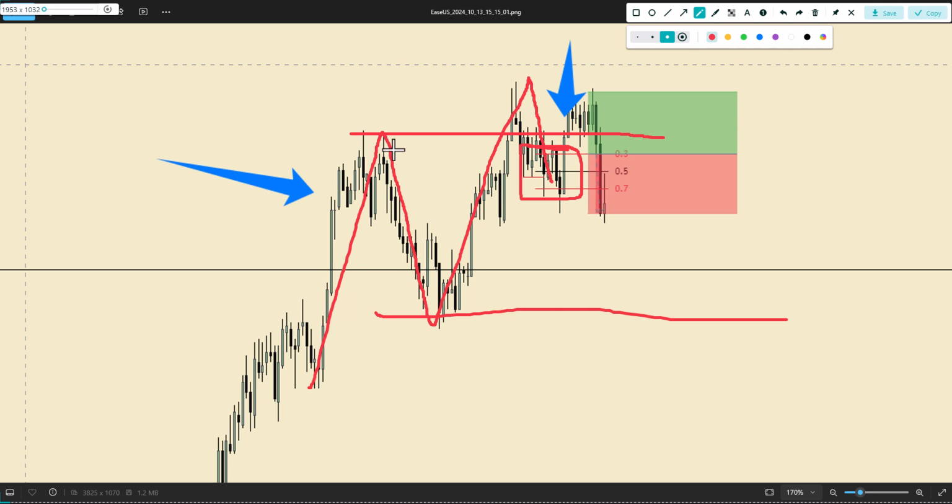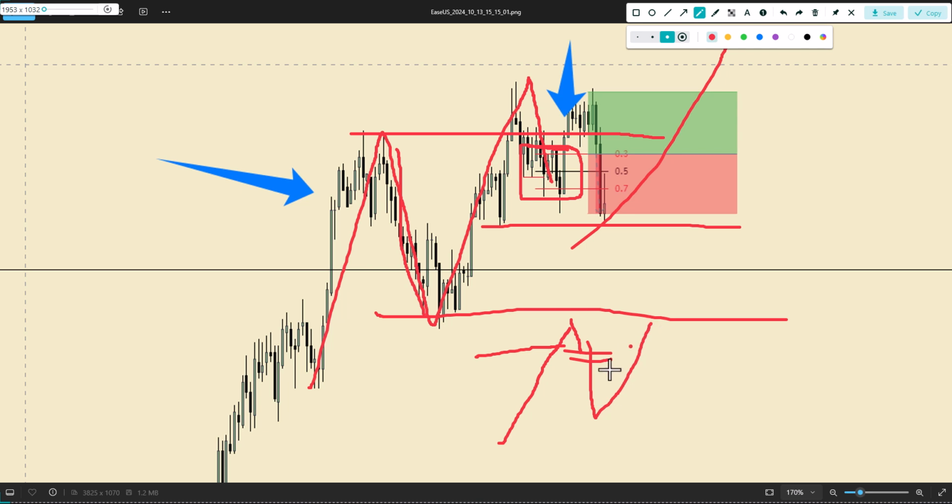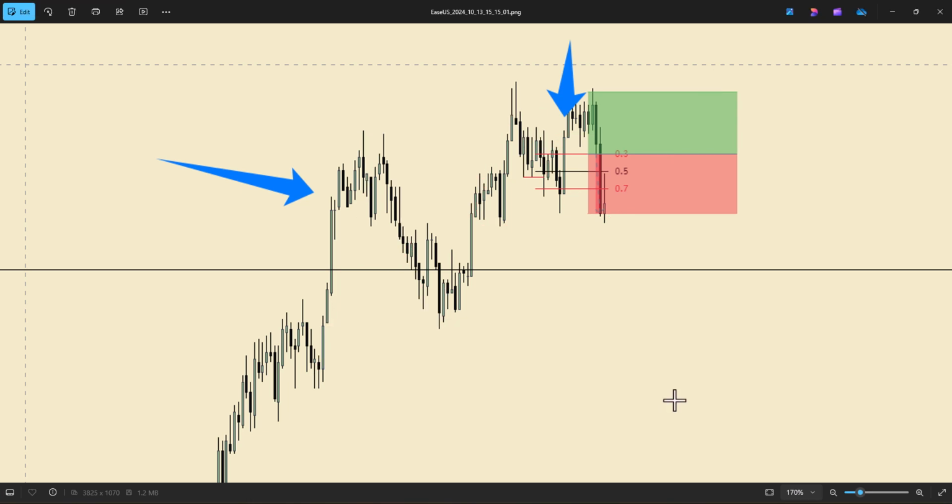Wait for price to give you a decent pullback, 30%, maybe in this case, wait for price to come back all the way to here. This is a logical retracement, right? Price can sweep this low and then continue to the upside, so don't try to do this. Expansion, and then maybe this is the pullback right here. Don't try to buy here, wait for price to come back here, and then look for entries, right?